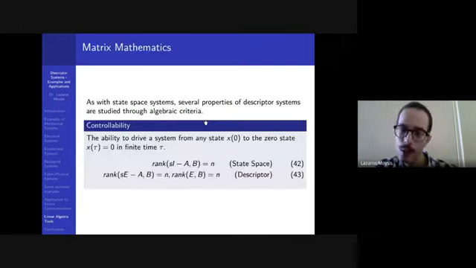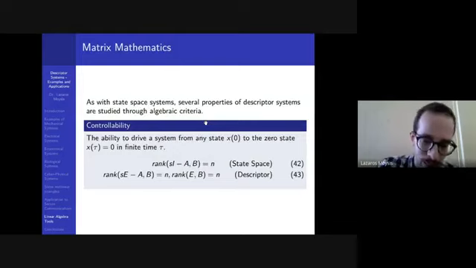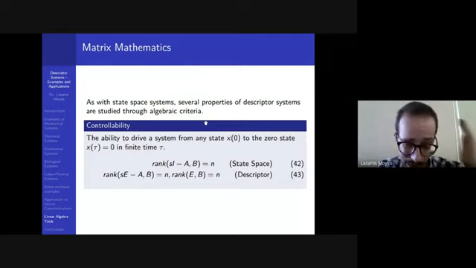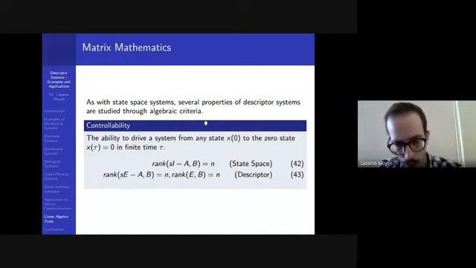So yes, you need a lot of linear algebra, for state space systems and for descriptor systems as well. You need good knowledge of linear algebra in order to study their properties. This is the case for state space systems, but again for descriptor systems as well, especially linear ones, but I'm going to discuss non-linear as well. You need linear algebra tools.